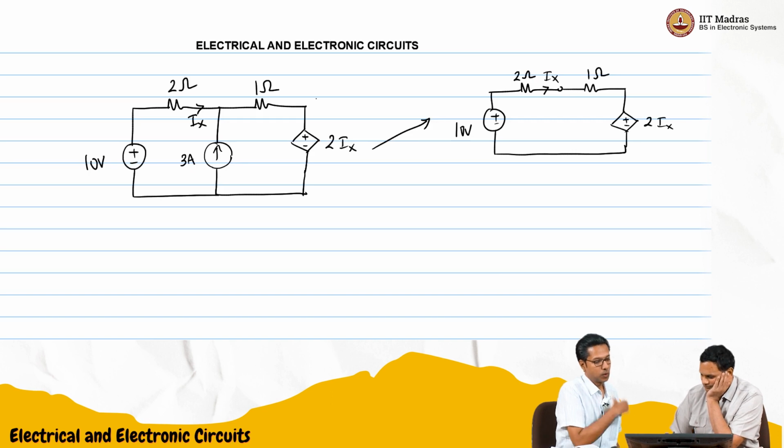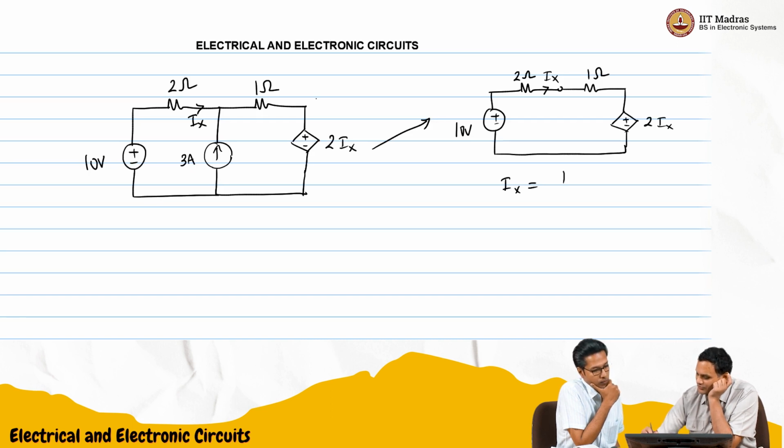So Ix is 10 minus 2 Ix, so Ix is basically the difference between the voltages, so 10 minus 2 Ix by 3. This is straightforward.